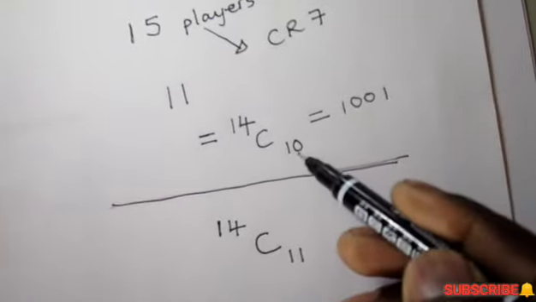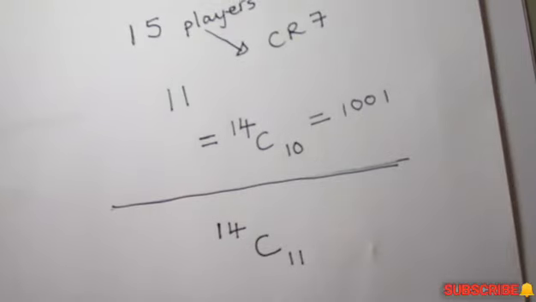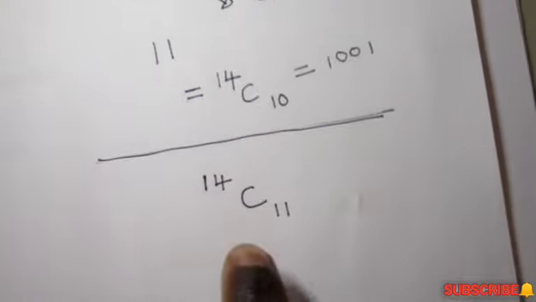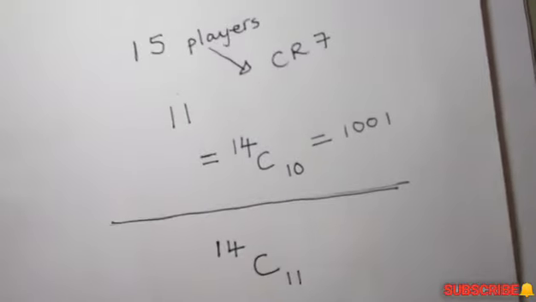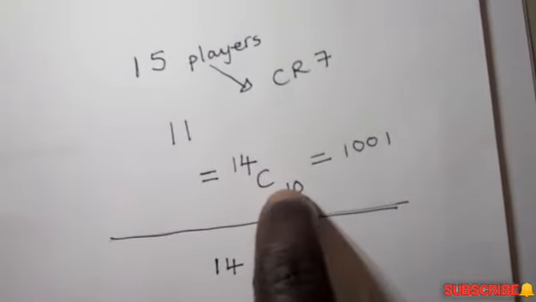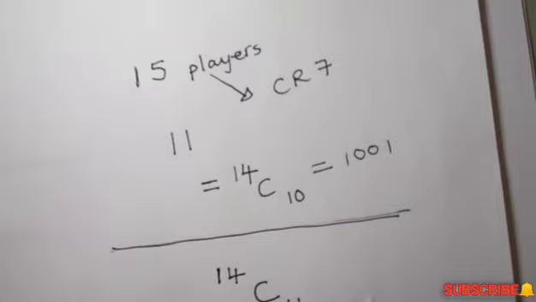In the situation above, we chose 10 from the 14. Why? Because the 11th man, Cristiano Ronaldo, already booked a place in the team. But in this situation, we remove Cristiano from the 15 and you are left with the 14. When you're choosing, you don't choose 10, you have to choose 11, since Cristiano is not part of the team. So this is the exclusion rule and this is the inclusion rule. I hope I have made myself clear.